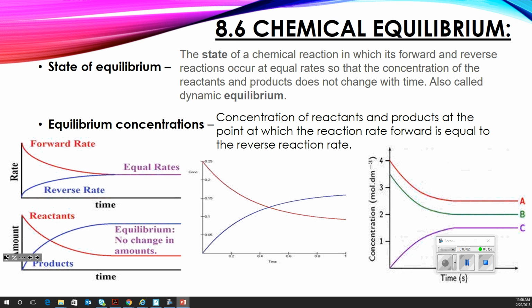As we look at a graph, and this is the kind of graph that you're going to be doing on your experiment on Monday, you will have both reactants and products on the same graph. Now, people think equilibrium is going to end up like the top graph on the left, where they equal exactly the same at the end.